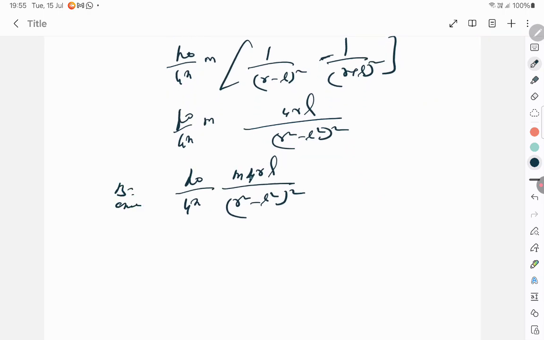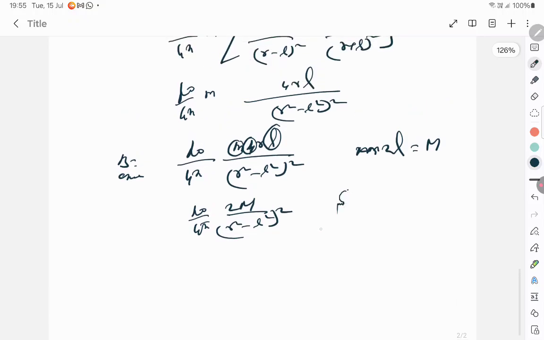And you know that with pole strengths m and m, 2m into 2L is capital M, so it will become mu naught by 4 pi into 2 capital M r by r square minus L square the whole square. Where r is much larger than L, it will be mu naught by 4 pi into 2M by r cube, which is the formula for B axial.